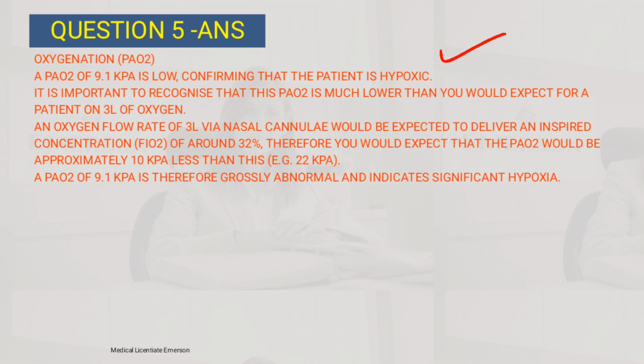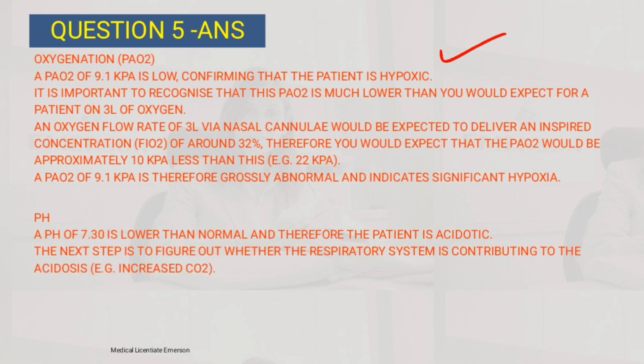Therefore, we would expect the partial pressure of oxygen to be approximately 10 kilopascals less than this, so it should be at least 22 kilopascals or so. But the partial pressure of 9.1 is therefore grossly abnormal and indicates significant hypoxia.